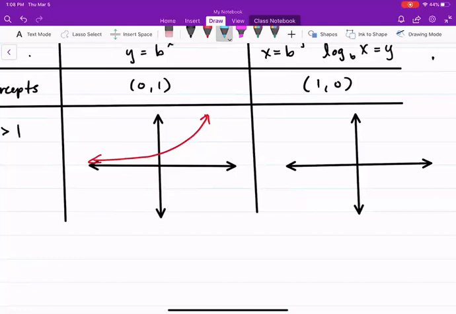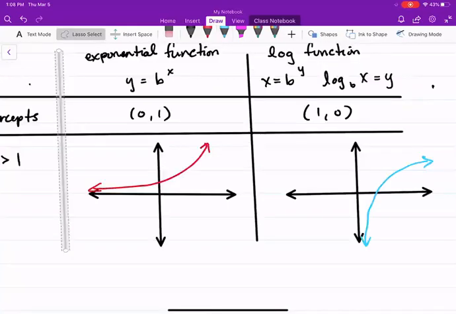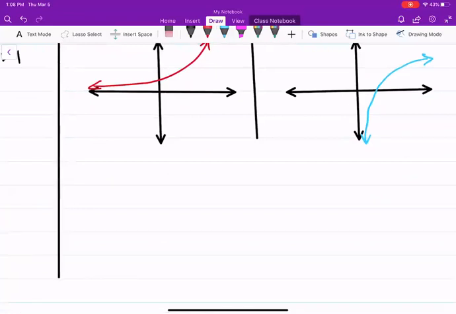And it's going to cross what point? 1, 0, right? It's going to cross 1, 0. It looks like that.